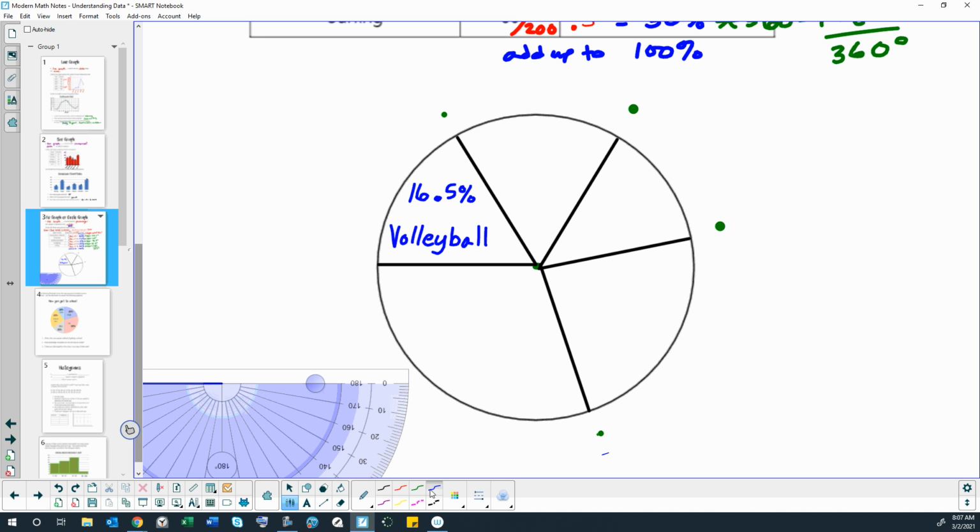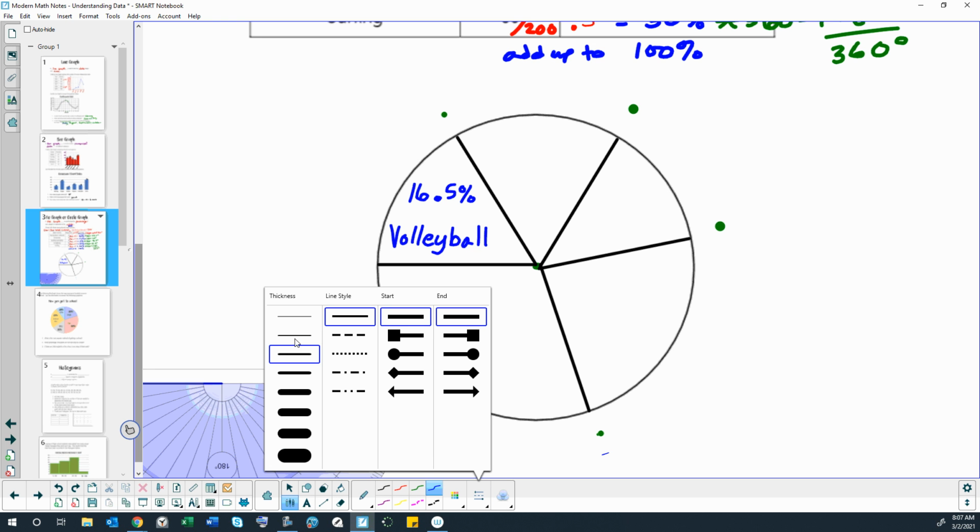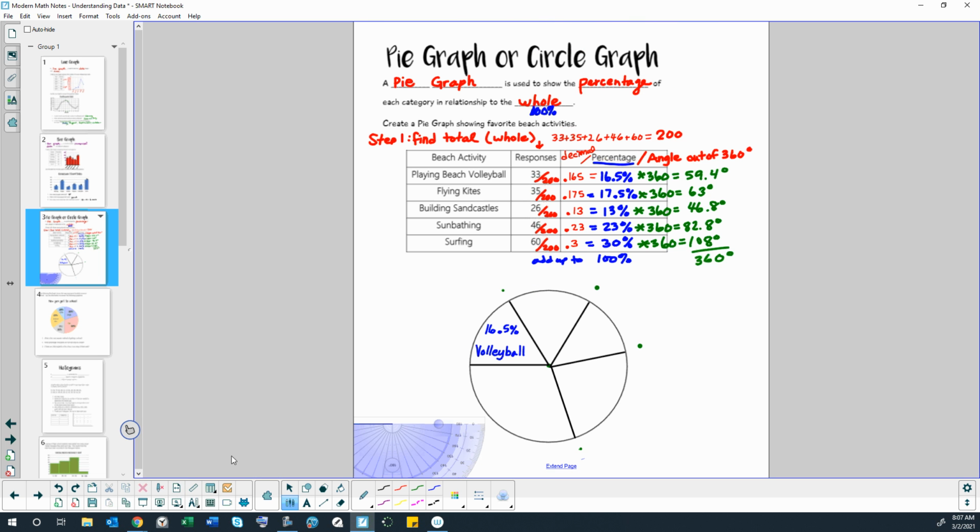Okay, so I'm grabbing my pen again so I can label all of these sectors. What was our next one? I've got to look at my chart. Maybe I'll expand my picture so I can see it easier. So the next one was kites. That's 17.5% for kites. And then 13% for sandcastles.